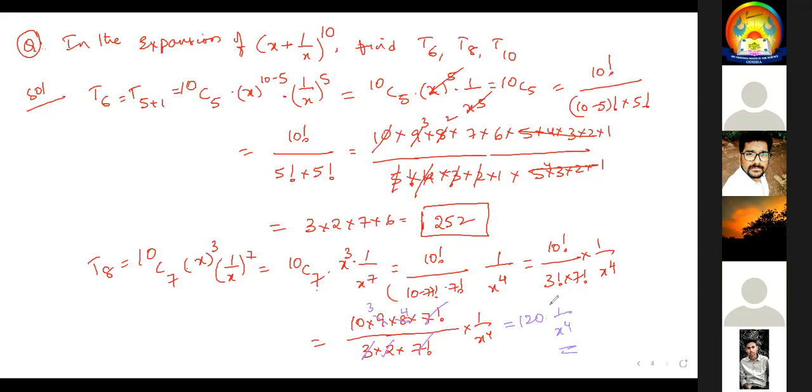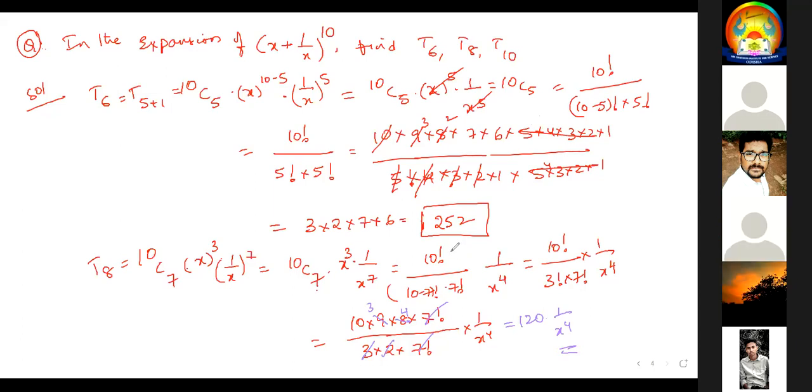Very good. Now T10, has anyone calculated? Yes, sir. 10C9 into x into (1/x)^9. Okay. Now, those who are not able to do it on your own, please copy it. So T10 is equal to 10 by x to the power 8.